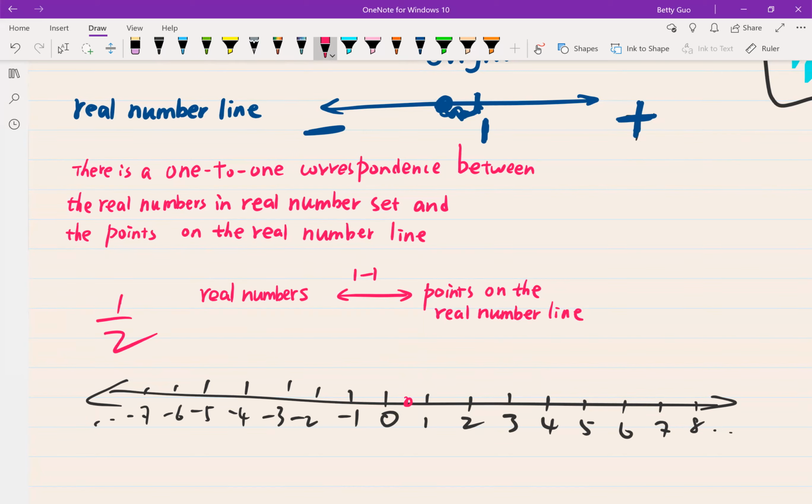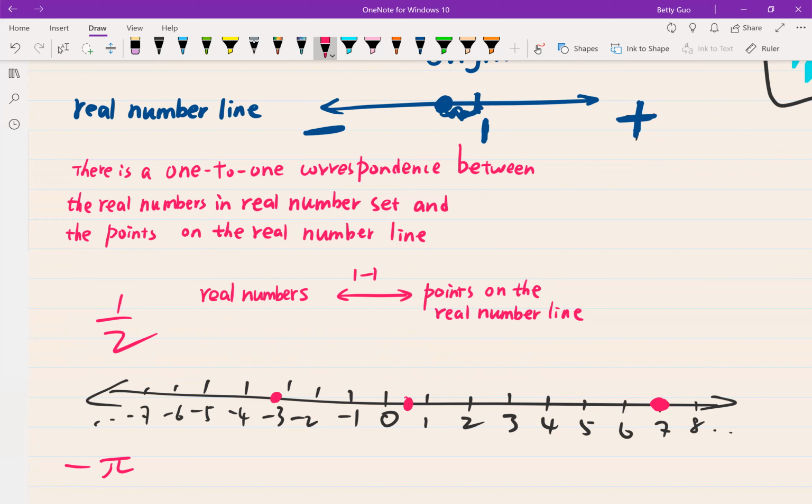Half is between 0 and 1, right? If you ask me where is the negative pi, that is -3.14, it is about here. So for any given real number, there's a unique point on the real number line that corresponds to it. Vice versa, for any point on the real number line, there is exactly one real number in the real number set that makes a pair with it.